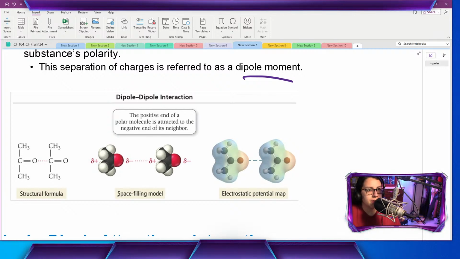So red area indicating a region of high electron density, and blue is low or kind of positive. And so with this permanent dipole, that means that this oxygen is attracted to the carbon end of another acetone molecule. And so again, you have your intermolecular force here, that electrostatic interaction.